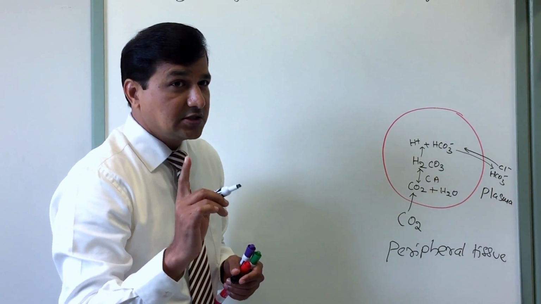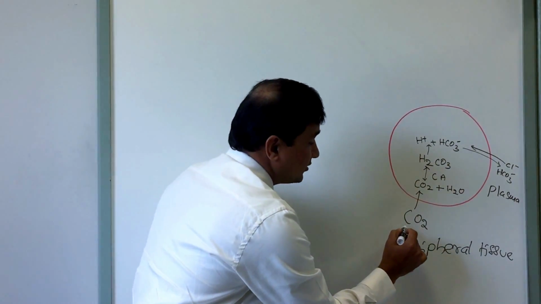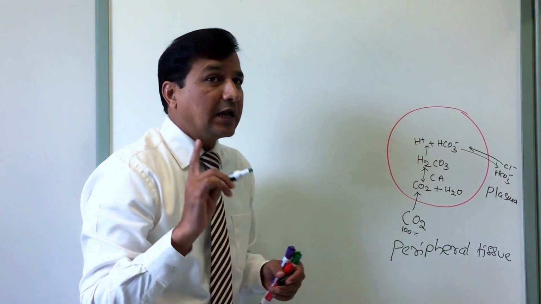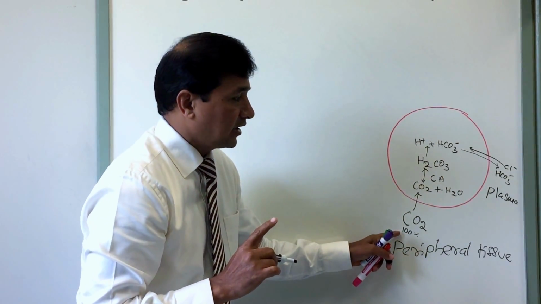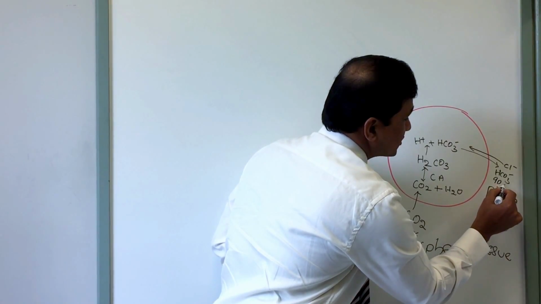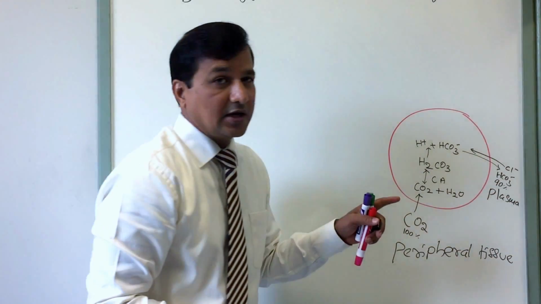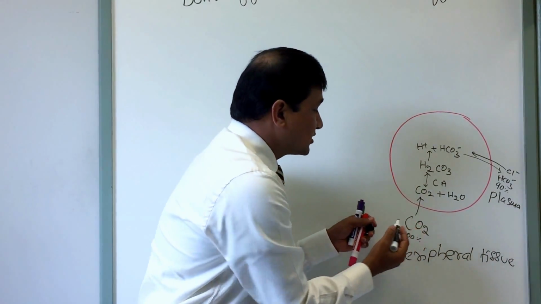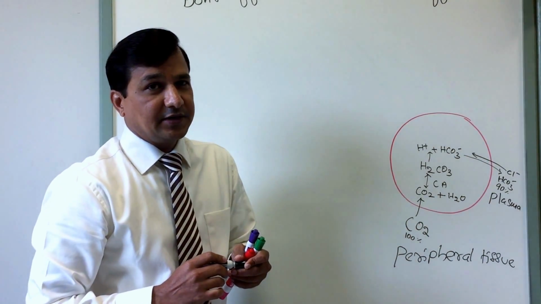Note that this is the carbon dioxide which is present here. If you consider this as 100%, about 90% of this carbon dioxide will be carried from peripheral tissues to the lungs as bicarbonate. Okay. Now what happens to the rest, that 10% of carbon dioxide?